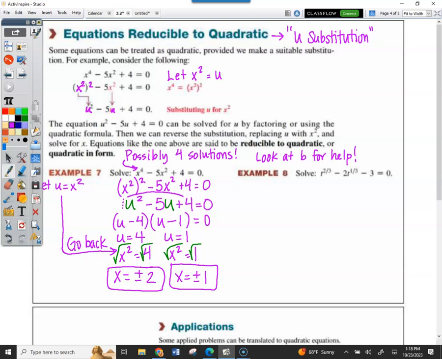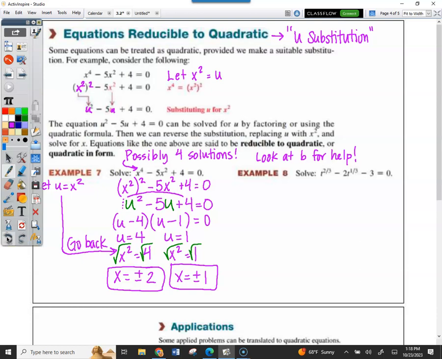So that's what immediately has to sub out. If I see 2t to the 1/3 power, I need that to become just 2t to the first power. So what's my exponent that I'm going to use? To the 1/3 power.